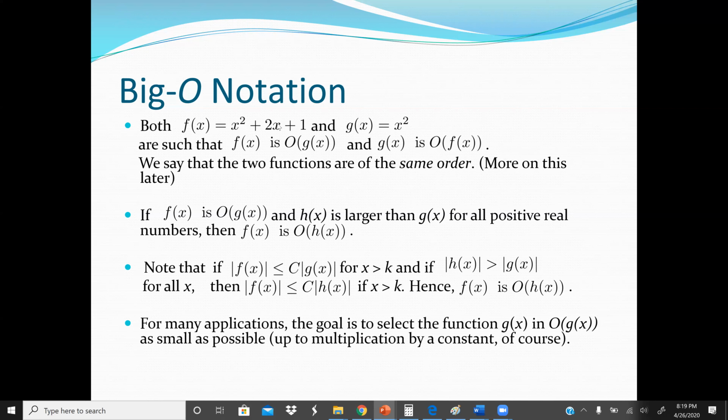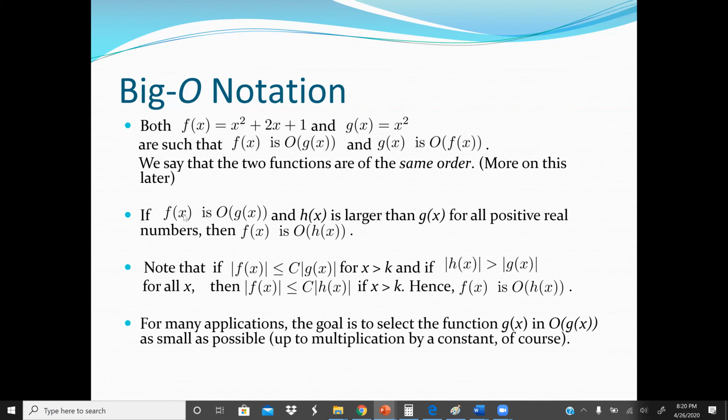As S increases, 2S plus 1 will be irrelevant. So here we end up saying that F at S is the same as G at S, and the two functions are of the same order based on the highest exponent. We will discuss more on this later on.